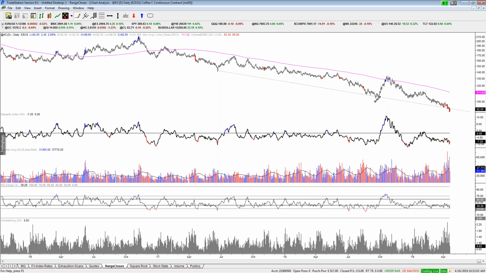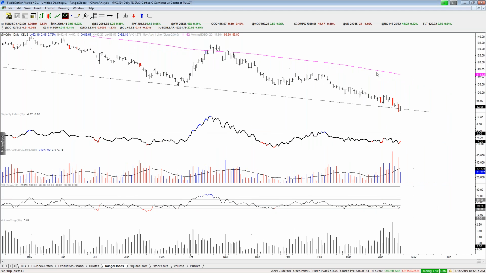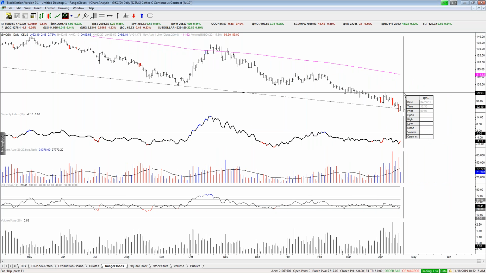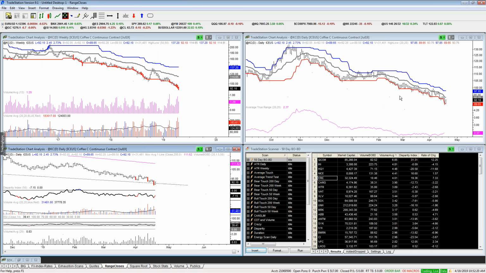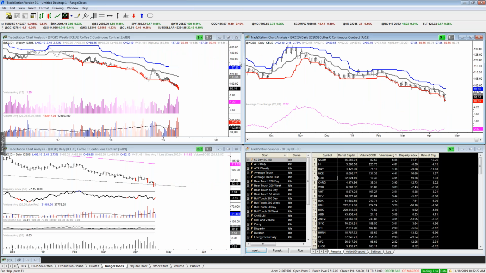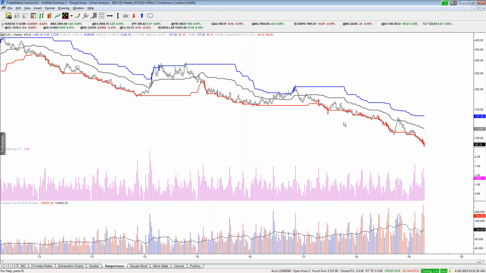It's a little weird chart because it's the way TradeStation does it. It's not a roll adjusted chart, but either way, good spot to pay attention to in coffee down here. And on a weekly basis, I mean, good heavens.